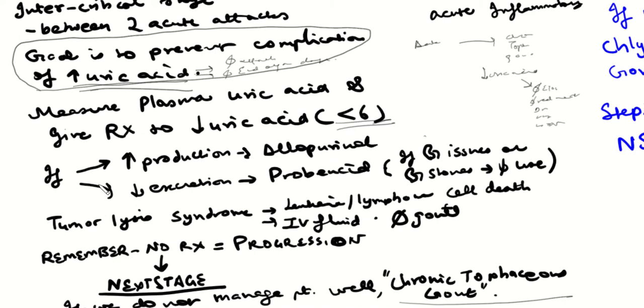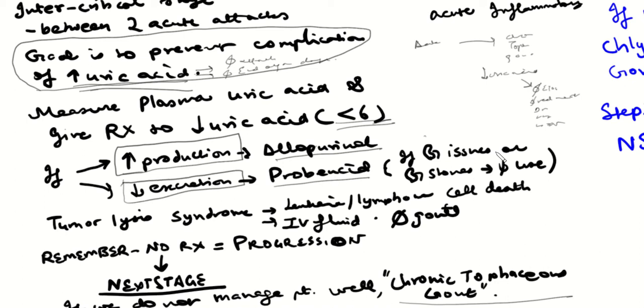And what are the two kinds of medications? There's allopurinol and probenecid. So remember, acutely you give colchicine, but chronically you give either allopurinol, probenecid, or a combination. If they are an overproducer, you give allopurinol. If they're an underexcreter, you give probenecid.